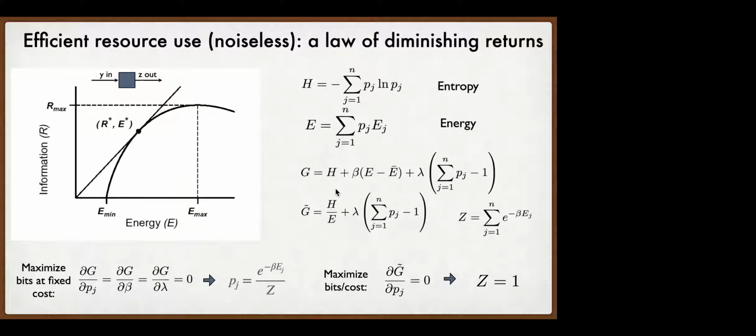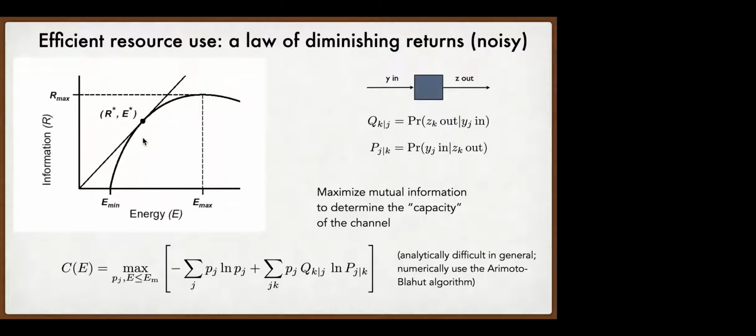So this tells you that there's a special operating point for this kind of channel that you should be at. There's a particular power consumption, and a particular information rate, that will maximize bits per cost.